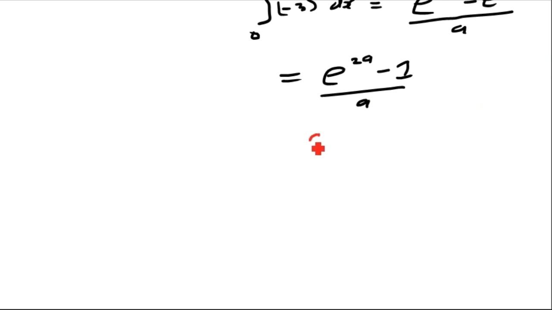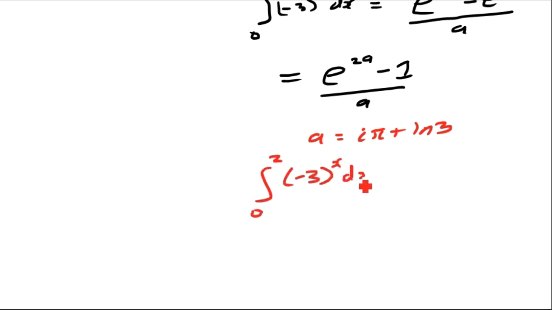Remember, a was equal to I pi plus ln of 3. So if we substitute back, we find that the integral from 0 to 2 of negative 3 raised to power x dx, which we found to be exponential 2a minus 1 over a, if we substitute back the value of a, what do we get?